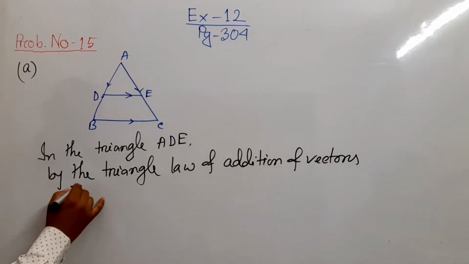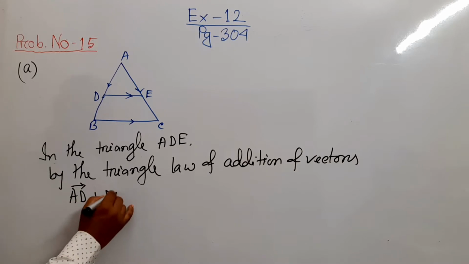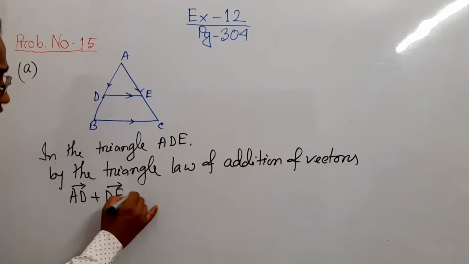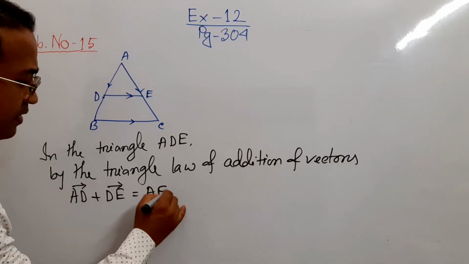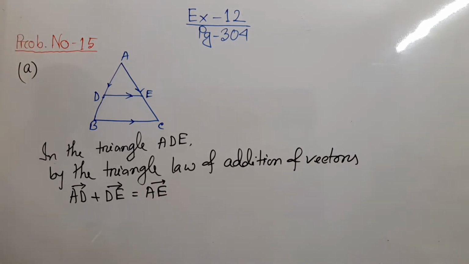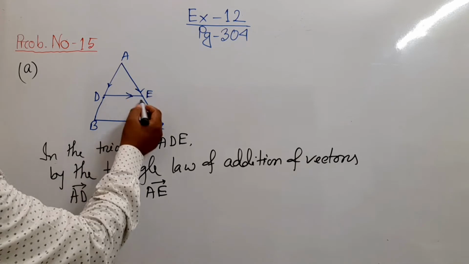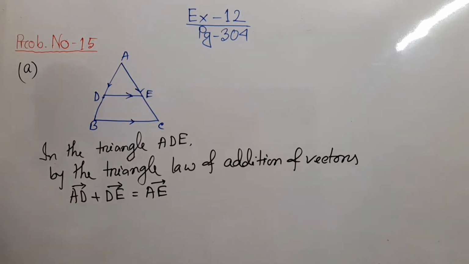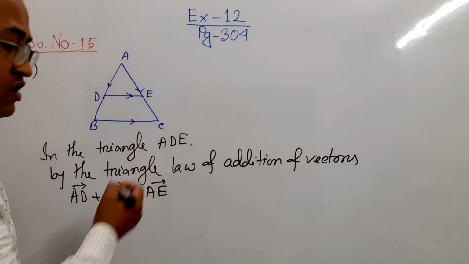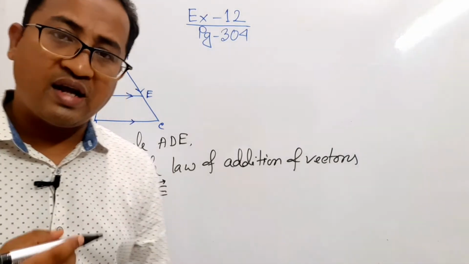Vector AD plus vector DE is equal to vector AE. But look, E is the midpoint of AC. So we can say AE is half of vector AC.